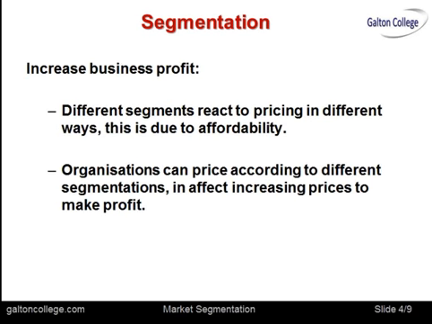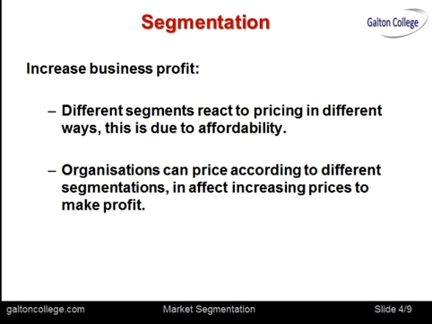Now this means that business profit may increase. Different segments react to pricing in different ways due to affordability. So there may be segments that are quite affluent and segments that are not so affluent. Perhaps with the more affluent ones, there may be an opportunity for the business to charge a little more.